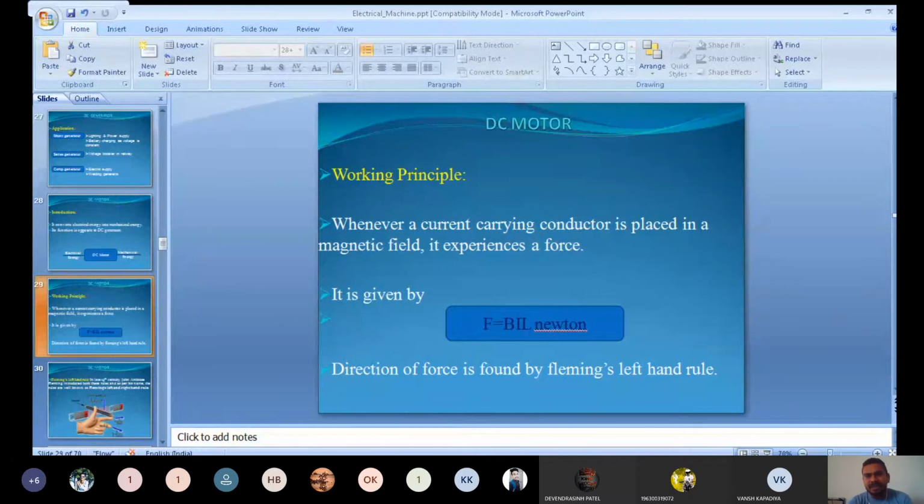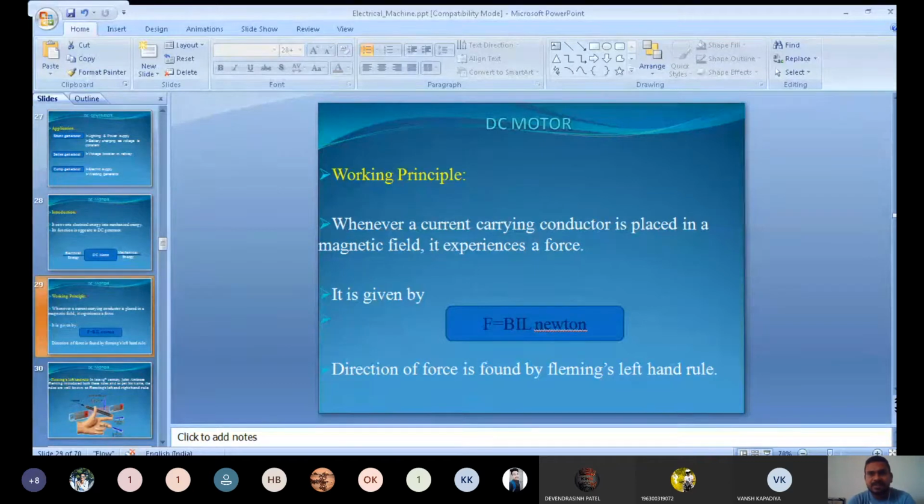Now in this magnetic field we are putting one conductor, and current is flowing through this conductor. So it is a current carrying conductor placed in a magnetic field. Whenever a current carrying conductor is placed in a magnetic field, it experiences a force.